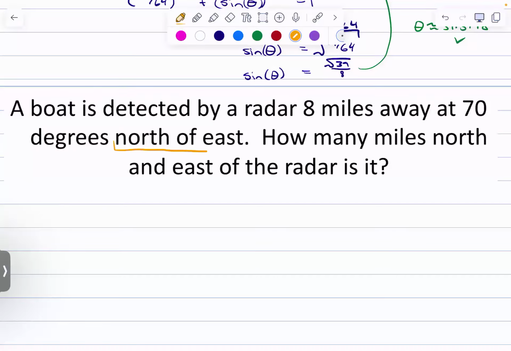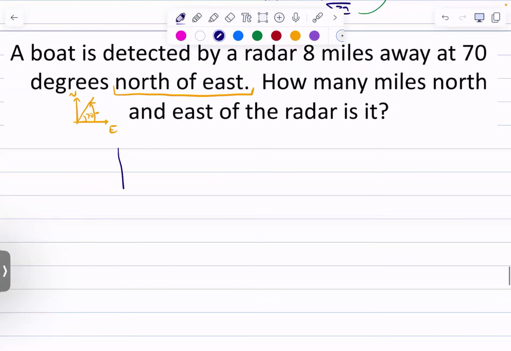So north of east means from east, move up 70 degrees. To north. That's how you read those. All right. 8 miles away at 70 degrees north of east.